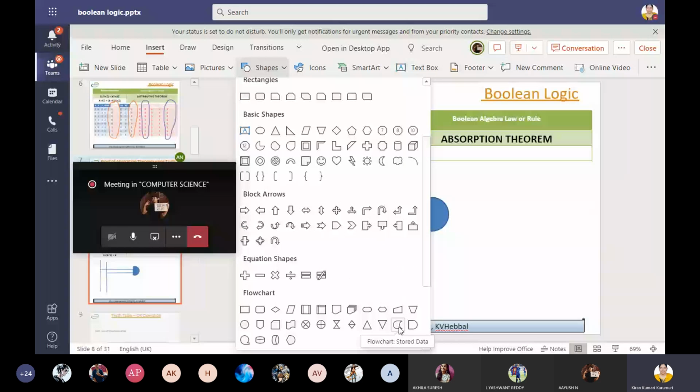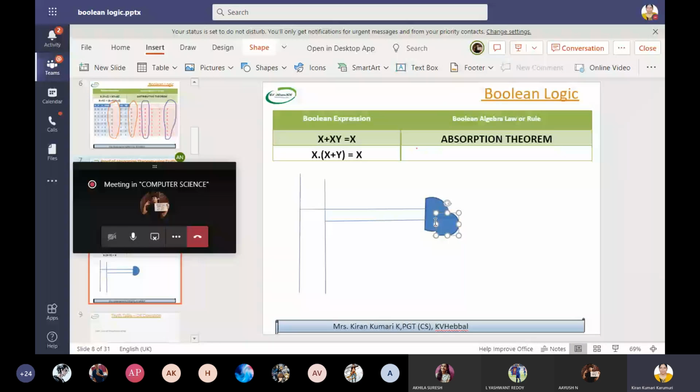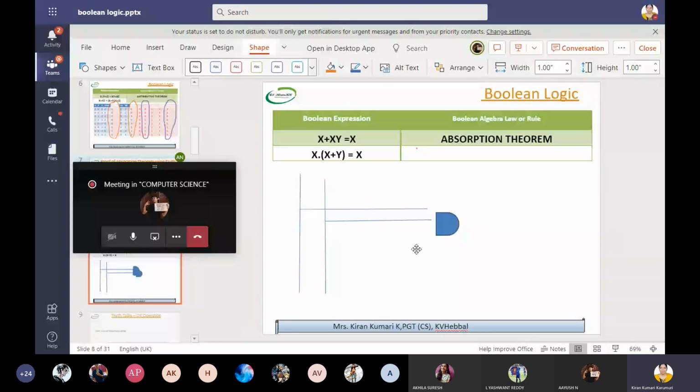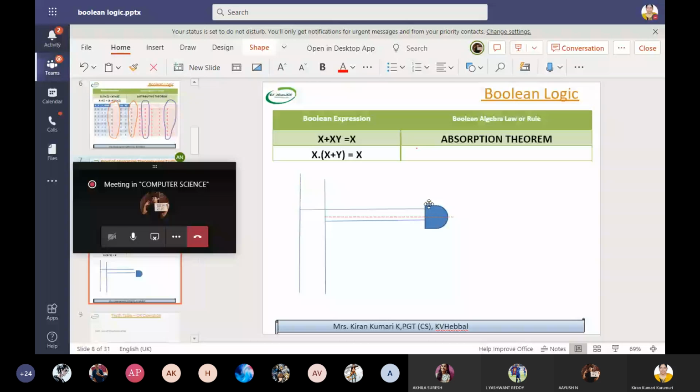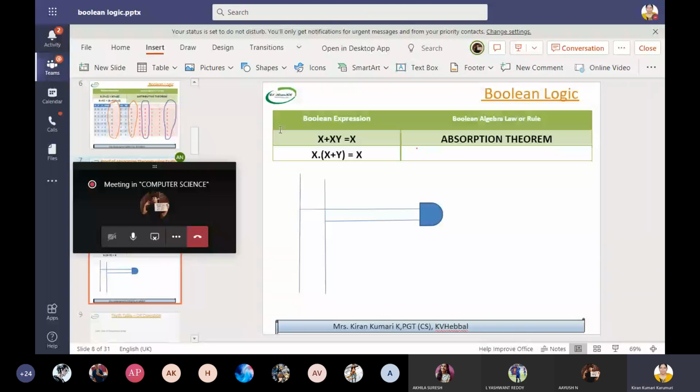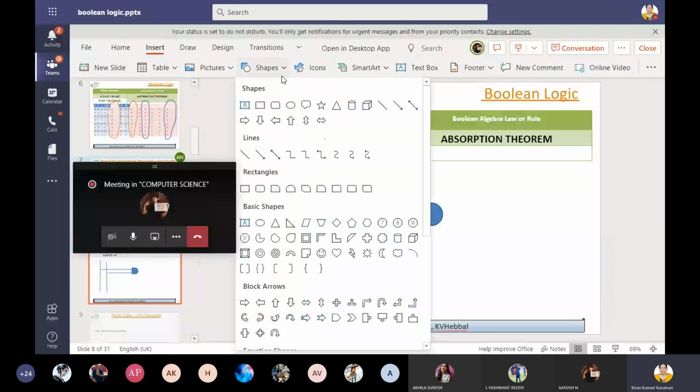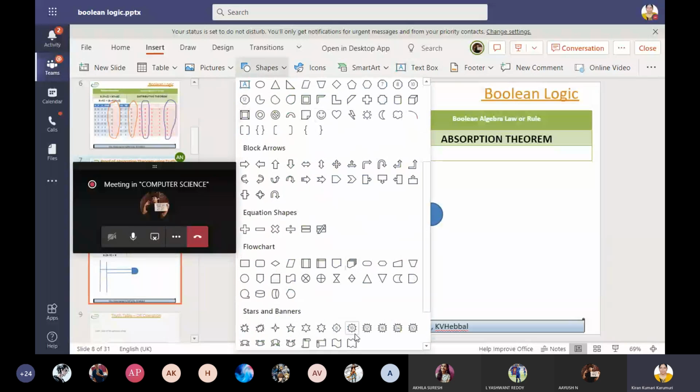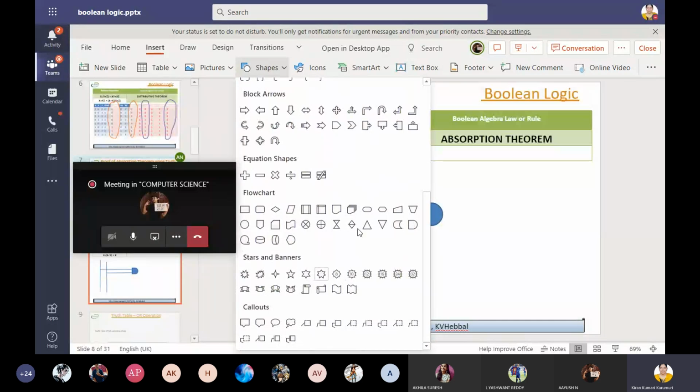So a perfect D shape is there. This is the AND gate. Then insert one OR gate, that shape.